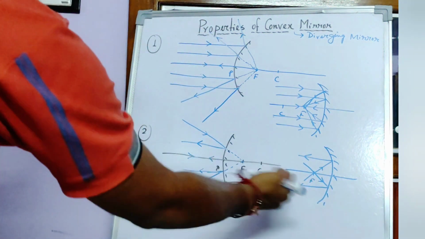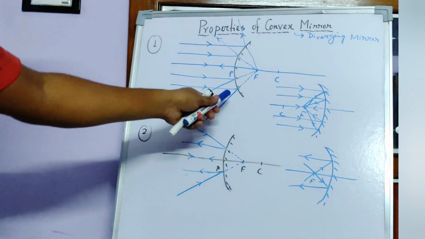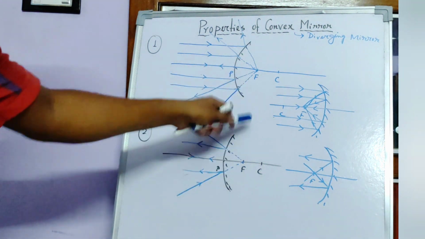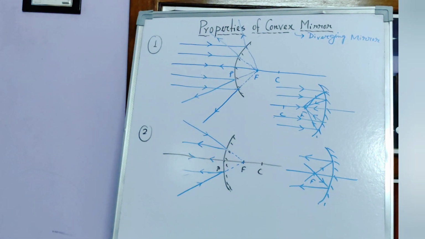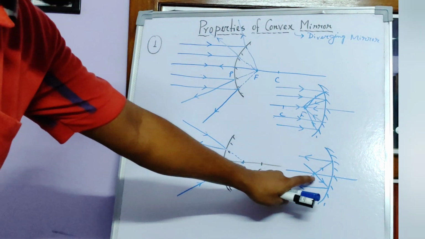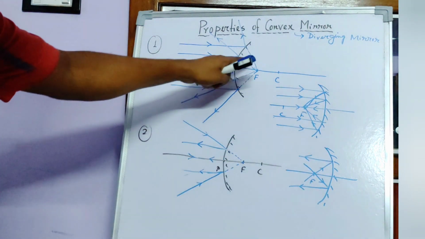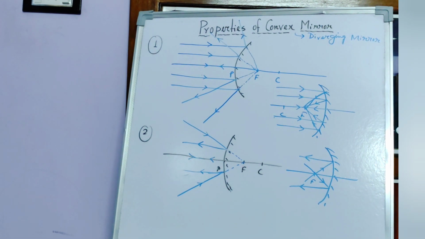Okay, just try to compare them, almost similar. Only in the concave case they will really meet at focus, because here it is the real focus, and here is the virtual focus. Here the focus is in front of the mirror, and here the focus is behind the mirror, or back side of the mirror. That's why it is happening.